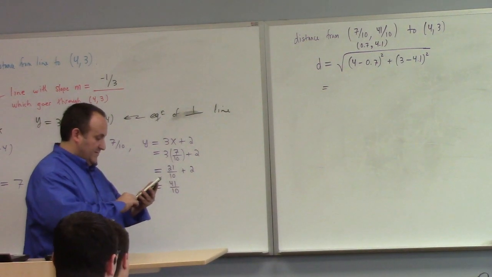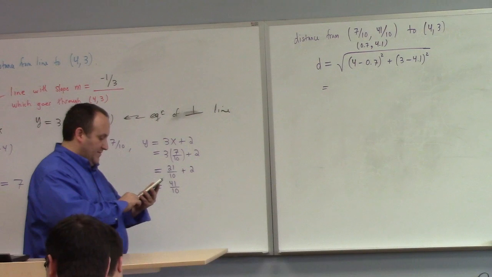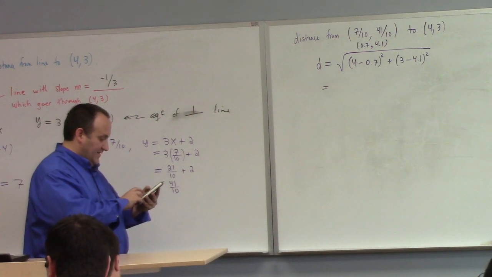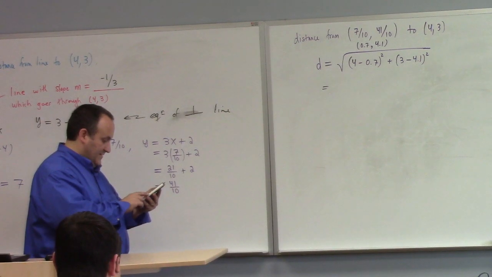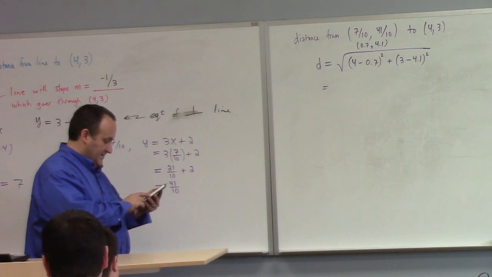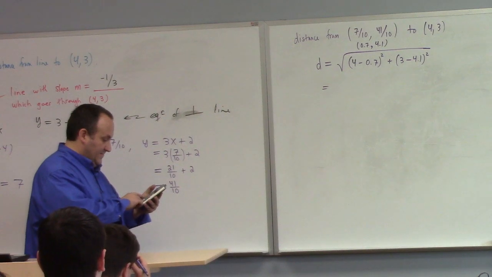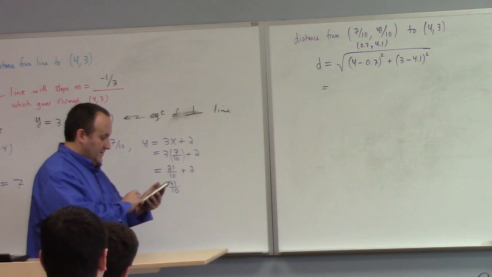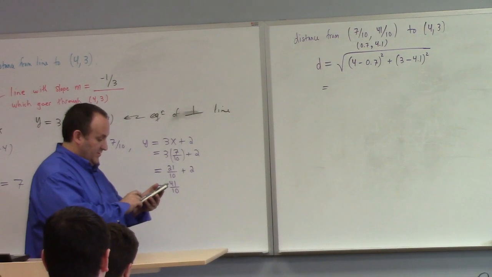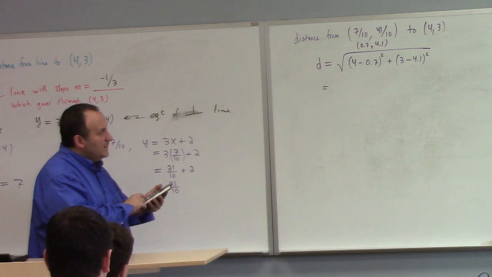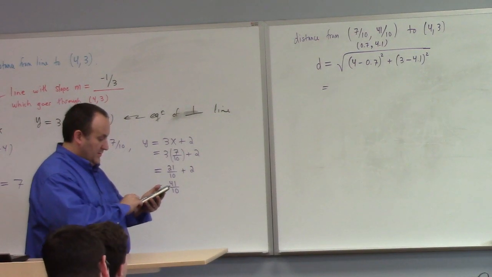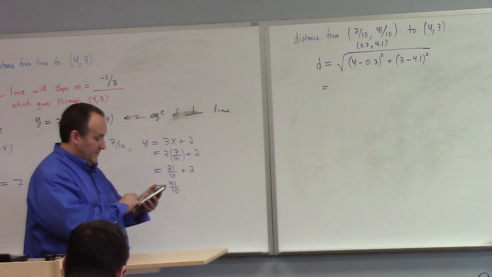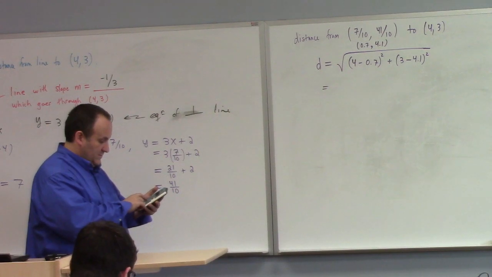Where's the square button? Give me my square button. Second, and then, oh, second. Oh no, it's there. I see it.